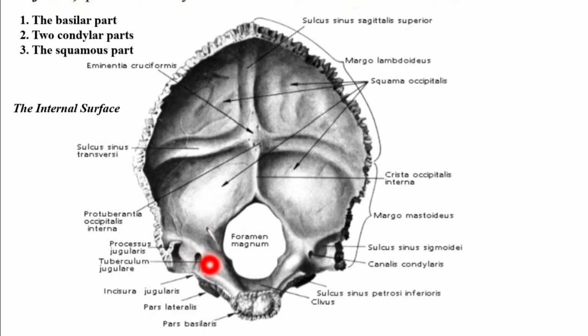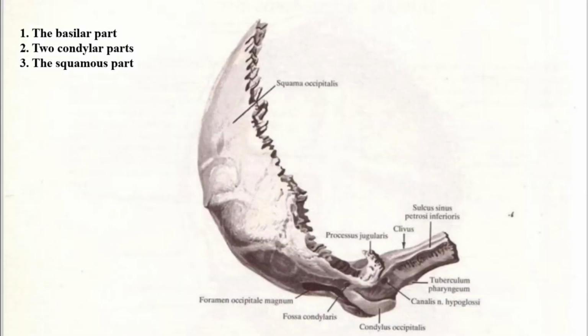So this is the tubercle which I talked about previously. Processus jugularis, and here again you can see the canalis condylaris, and here there is a sinus, sulcus sinus sigmoidei, right.